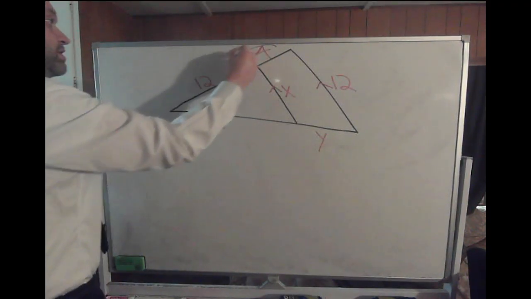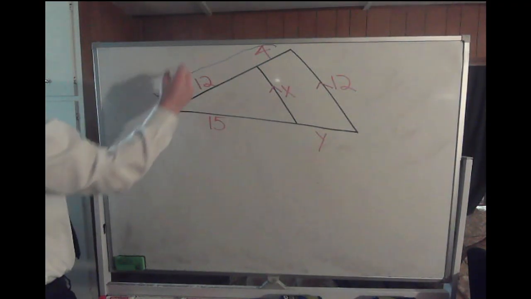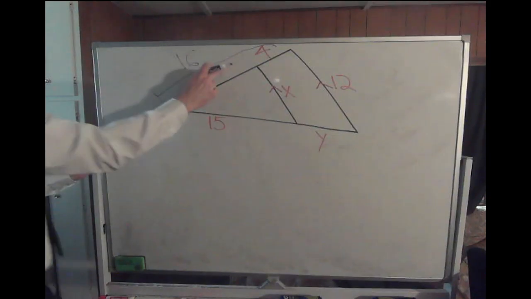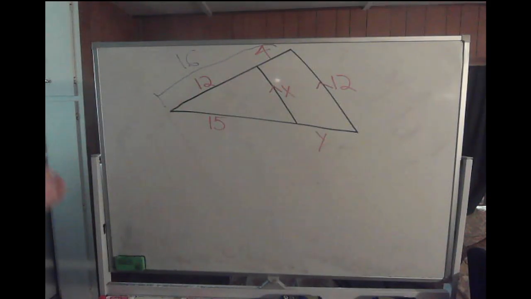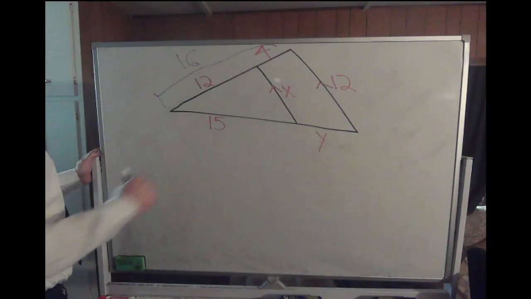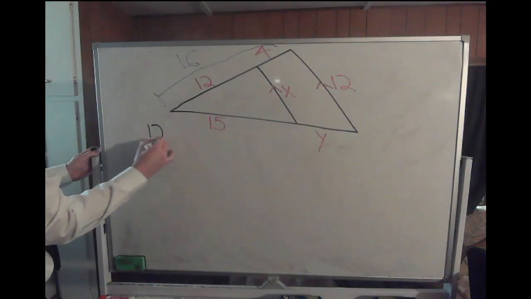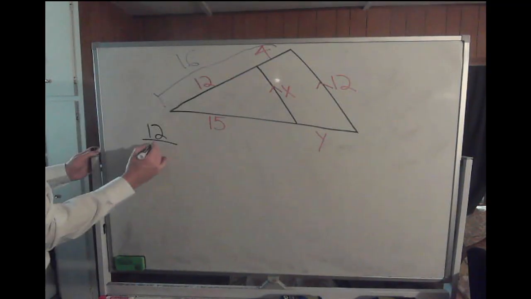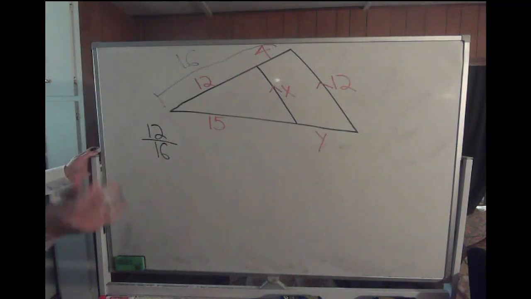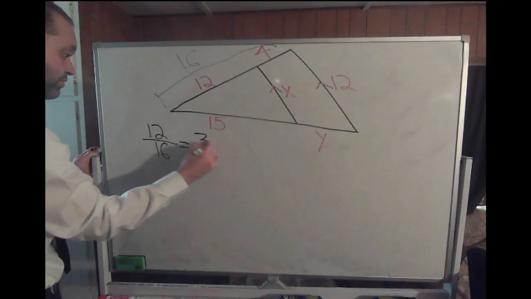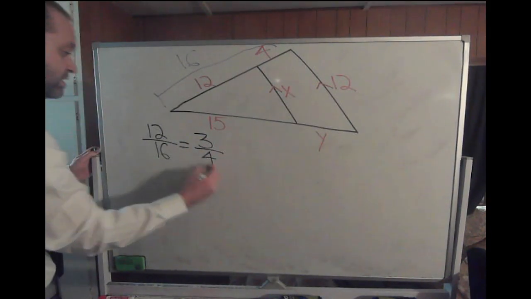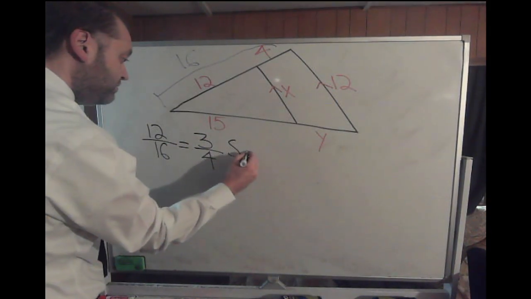So the length of this whole side would be 16 if you add the 12 and 4, for the whole triangle. So now what you have to do is take the ratio of the smaller side, 12, to the whole side of 16. Well, 12 to 16 would reduce to 3 to 4. So 3 to 4 is your scale factor.